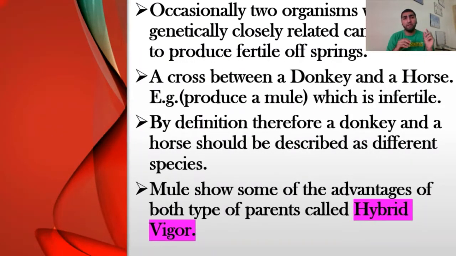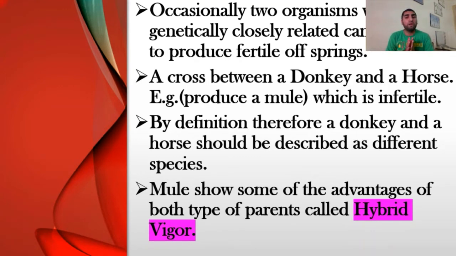For example, the genus Canis has a few species like Lupus, Familiaris, and Aureus. So these, Lupus the wolf, the dog Familiaris, and the jackal Aureus, these are closely related species. So sometimes these genetically closely related species can interbreed.